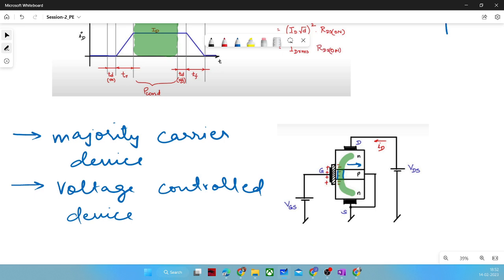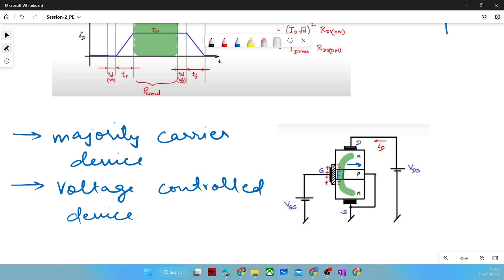Once the n channel is created, it will allow all the charges to flow from source to drain, and then current will flow from drain to source.